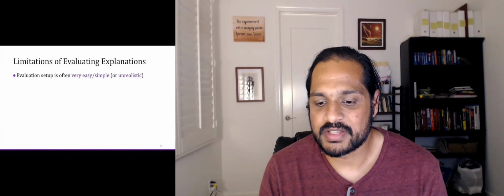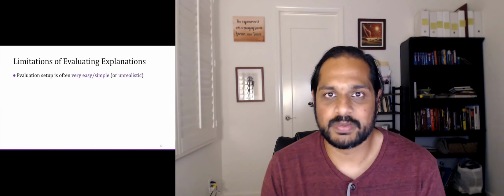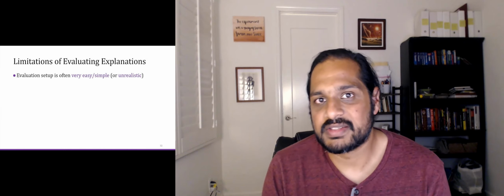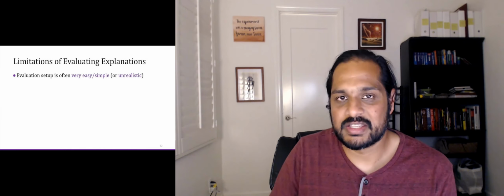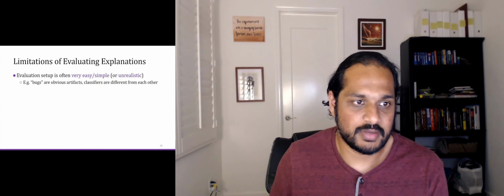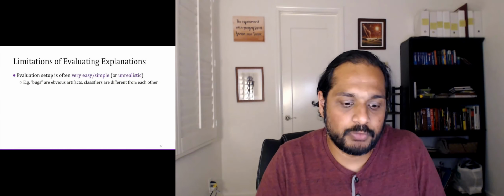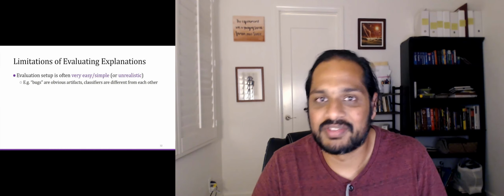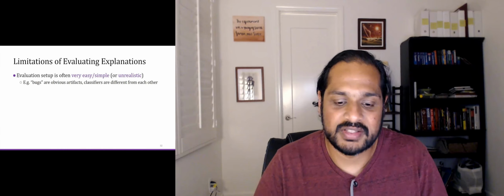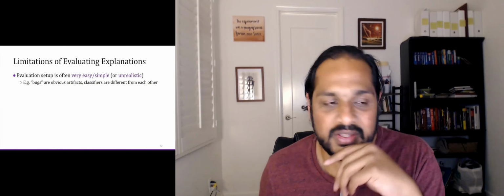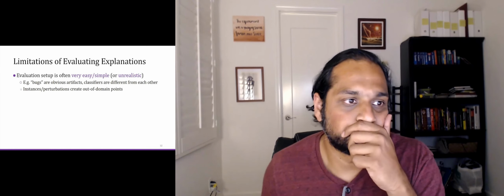In some sense, they're set up for explanation techniques to just work, making them a little bit unrealistic. In the real world, the explanation techniques may not be anywhere close to being as effective as they are in these simple setups. So for example, the bugs that people add are often very obvious, or the classifiers that you're comparing are very different from each other, and explanations can often work in these sort of extreme cases.